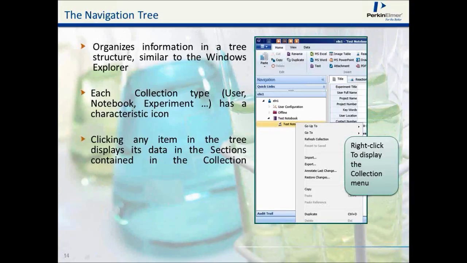We have the navigation tree that organizes the information in a tree similar to Windows Explorer. Each collection, user, notebook, experiment has a characteristic icon. Clicking any item in the tree displays its data in the sections contained in the collection.